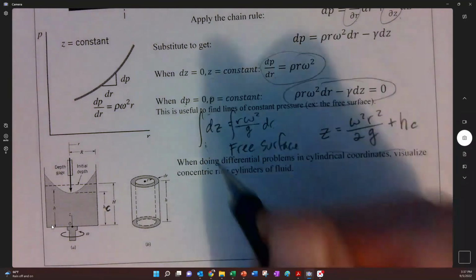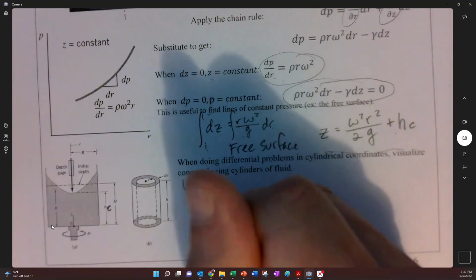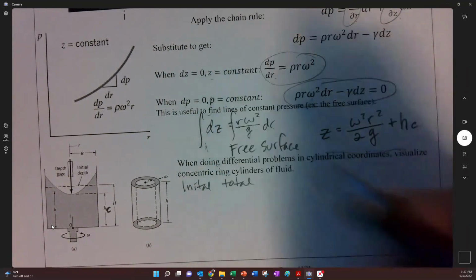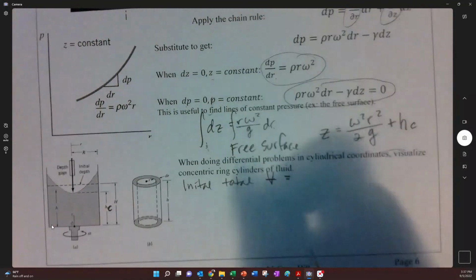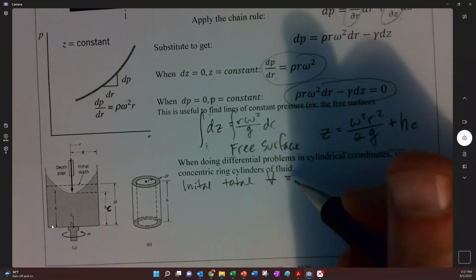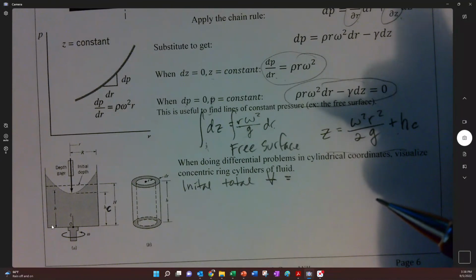First off, let's take a look at the initial total volume. We can just find that by taking the area. So here's the initial volume. By the way, the initial volume has to equal the final volume because of the conservation of mass and because of constant density.